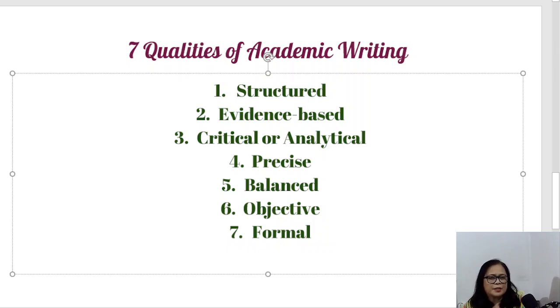Meaning, I mentioned earlier, no personal opinion, no personal experiences, no assumptions, and you have to weigh all the information that you gathered. Okay. So you do not air your personal biases and avoid sensationalizing the topic.